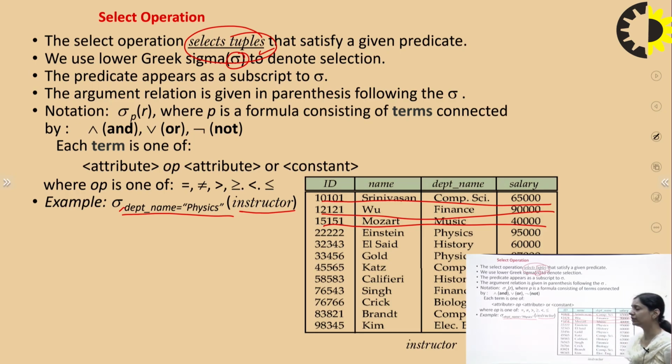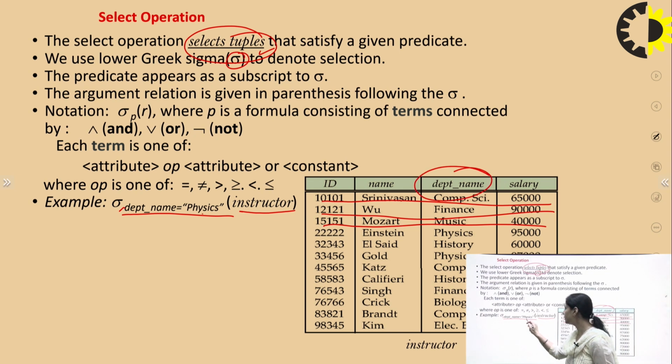So we'll write down the condition using the DPT name, which is the related attribute name, and in that DPT name we need to identify physics. This tells us that we are identifying all those records whose department name is physics from the relation instructor. As soon as we get this, we'll get the records as this physics, this physics. So the two records will be identified.